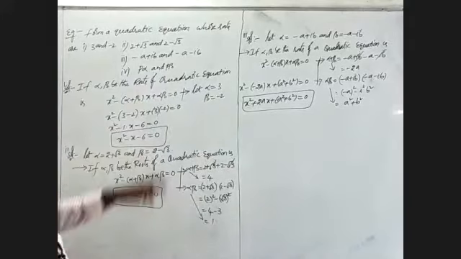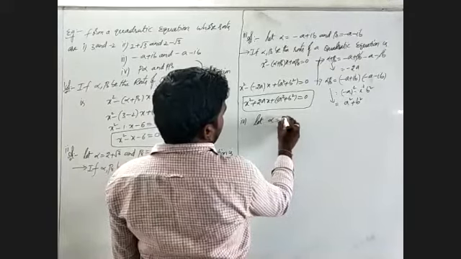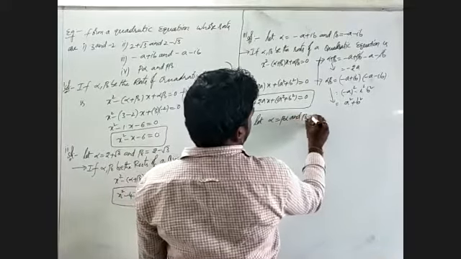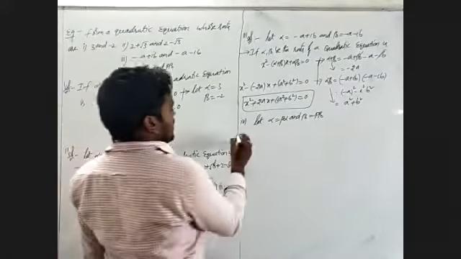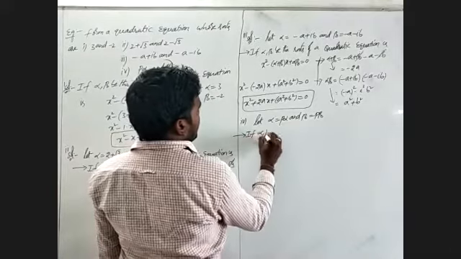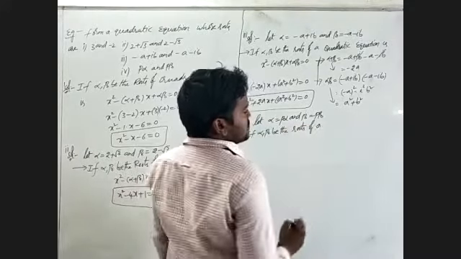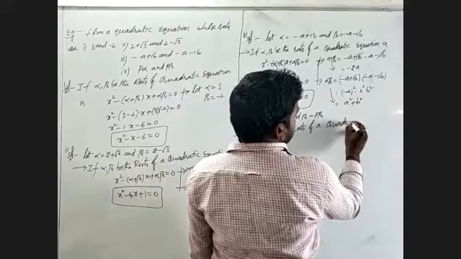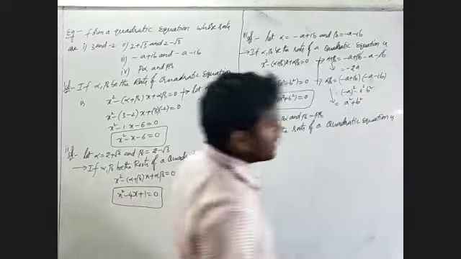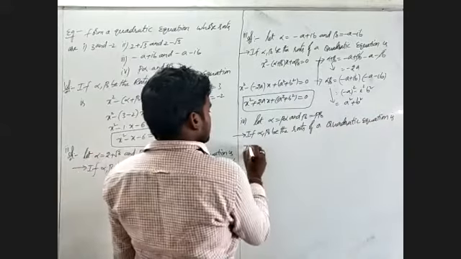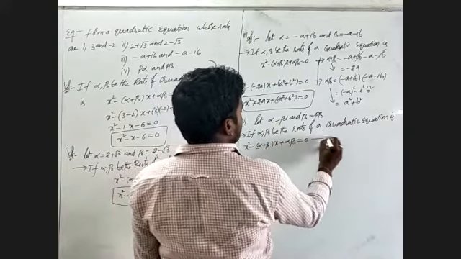Now I am going to the last problem, that is p alpha and p beta. Here also let alpha take p alpha and beta take p beta. Here I will write one condition: if alpha and beta are the roots of a quadratic equation, then I have to write x square minus (alpha plus beta) x plus alpha beta is equal to 0.